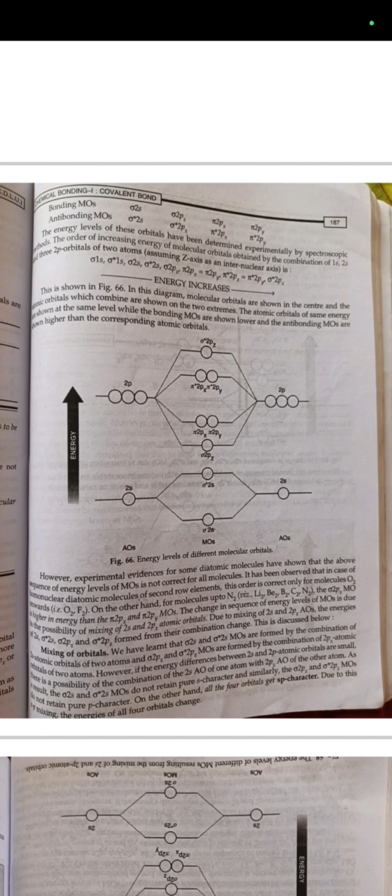On the other hand, for molecules up to N2, the sigma 2pz molecular orbital is higher in energy than the pi 2px and 2py molecular orbitals. The change in the sequence of the energy levels of the molecular orbitals is due to the possibility of mixing 2s and 2pz atomic orbitals.